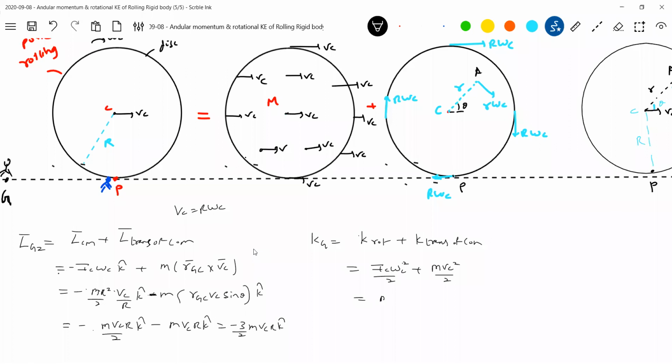This should be equal to MR square by 2 times VC by R whole square. Now, who will measure this? The person on the ground. With respect to the ground, you write.